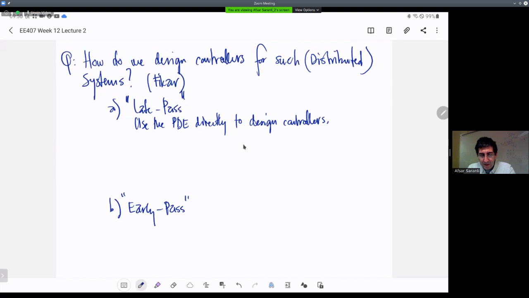Okay, and eventually you will need to use some kind of a numerical approach, use a numerical solution as a final step.